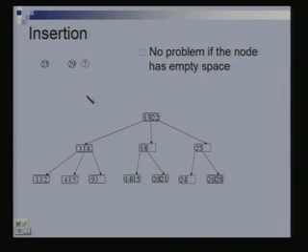So, nothing to be done. No problem if the node has empty space. Similarly, 23: come here, go right, less than 25. So it comes to this space, and in a node we are just keeping the keys ordered. So, 24 will make way and 23 will come at that place.